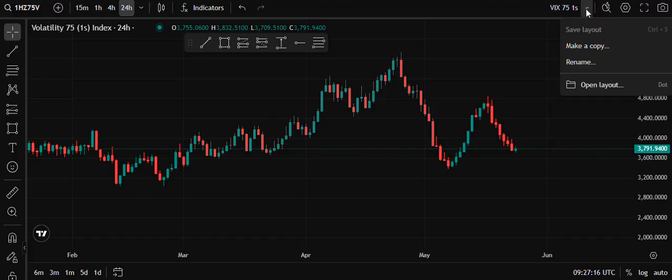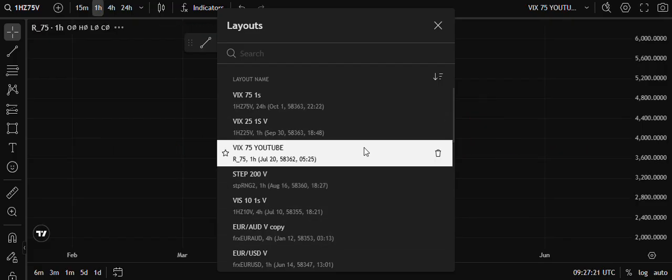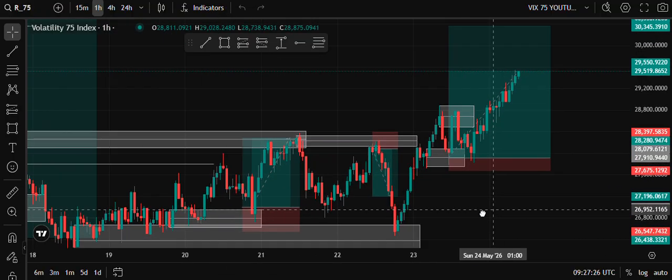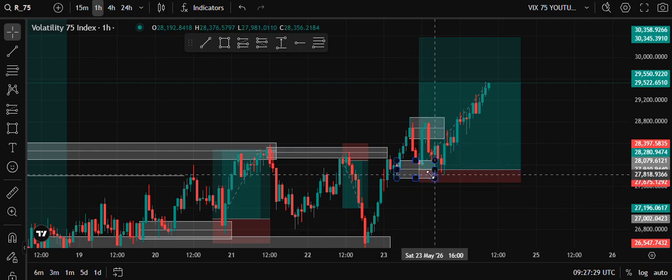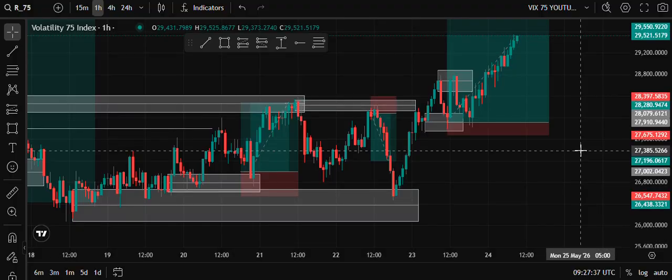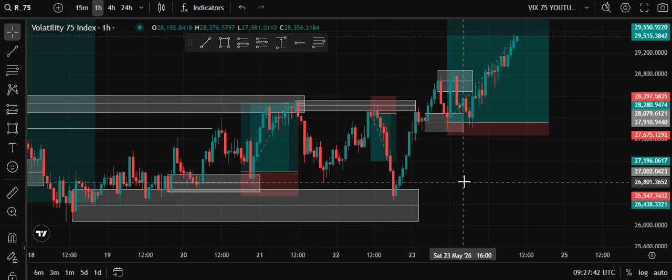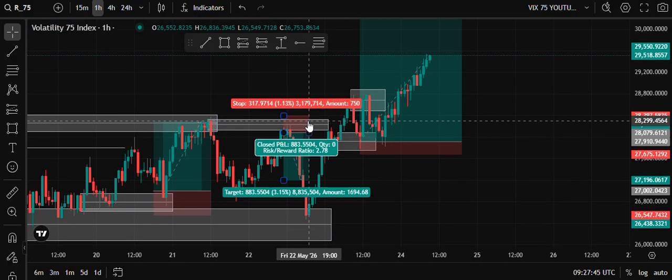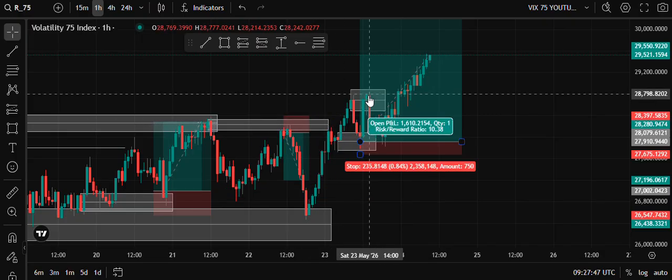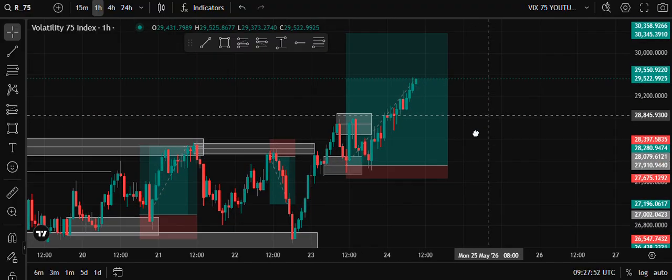Let me see if I've done something of that nature before. No. Volatility 75, there was something, I think. Yeah, there was this buy that I talked about yesterday. I didn't really get in on it because it was looking not too pure, because I was expecting it to really get up to here. But based on what I said, if it breaks here, it has to come retest the level, which will be here, and it will start going for a buy.